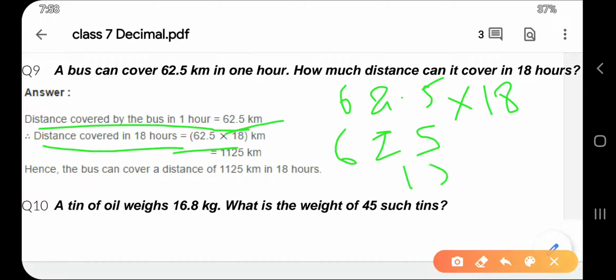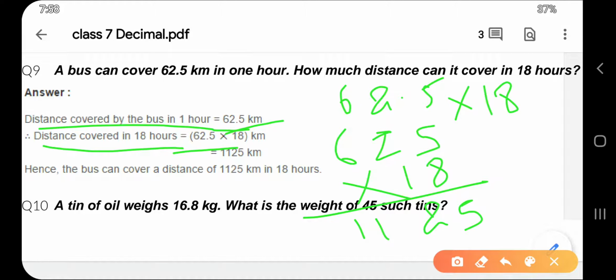62.5 by 18. Whatever it comes, suppose it comes 1125. Remember the tables right from 11 to 20. I am sure you must be knowing the tables 2 to 10, so I'm suggesting you to remember from 11 to 20.